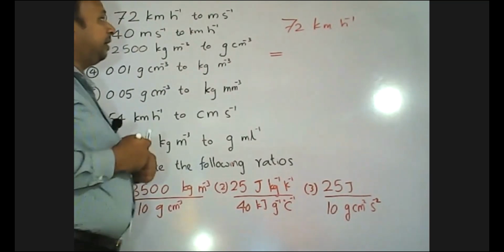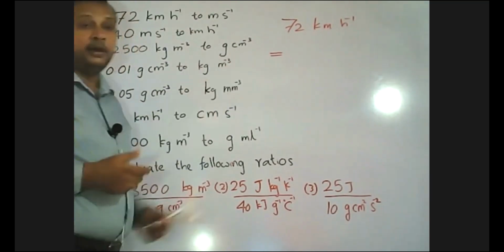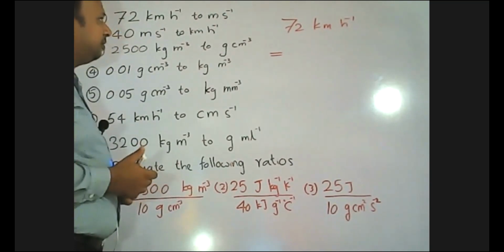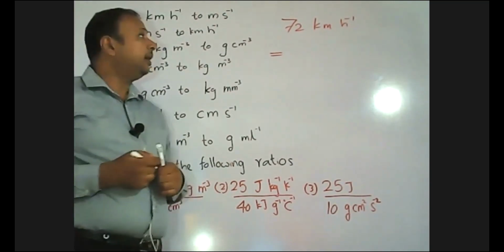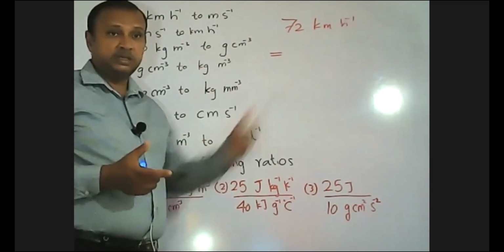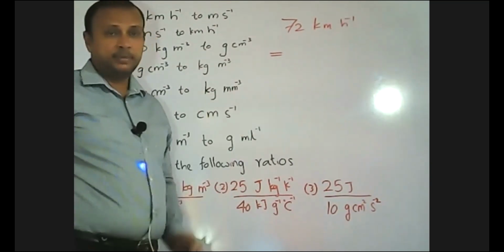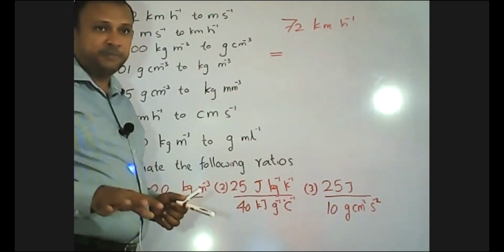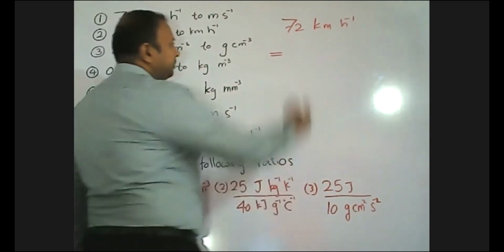First you have to write this unit as a fraction, then it is easy to convert into any unit. But if you can convert this at once, please do that, because it is not a mandatory thing.